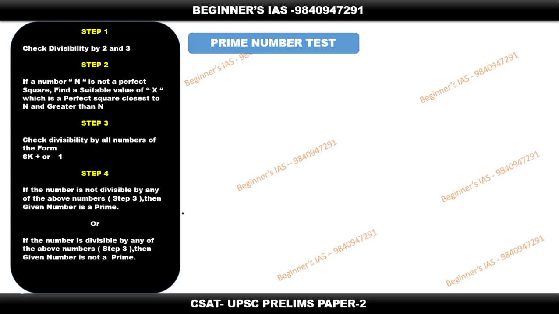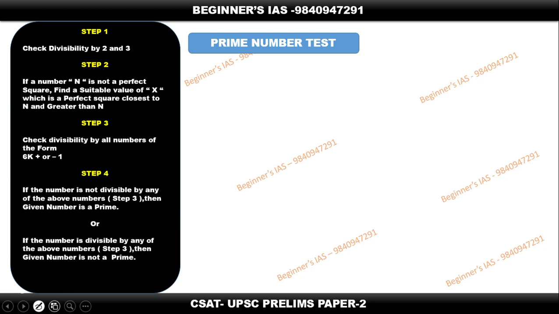Step 4: if the number is not divisible by any of the numbers from step 3, then the given number is a prime. Or else, if the number is divisible by any of those numbers, then the given number is not a prime.